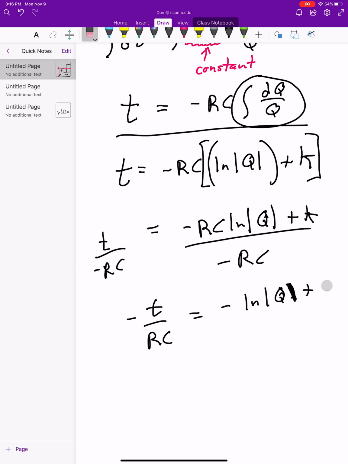Got to be careful what symbols I use. I'll call it d, something we don't have yet.